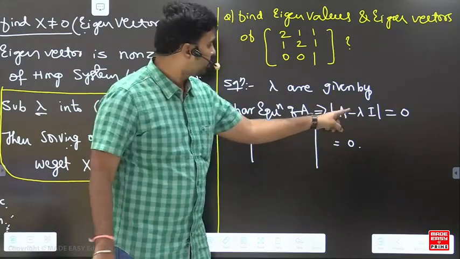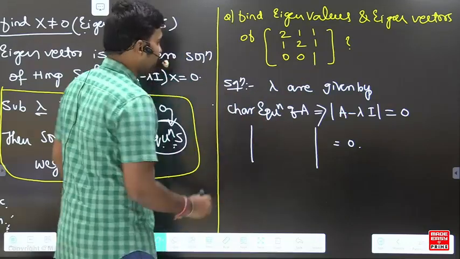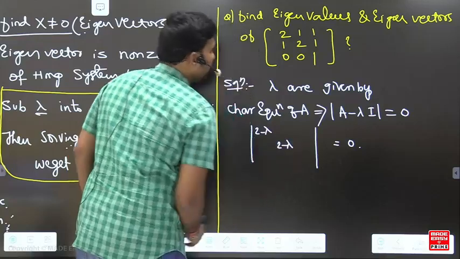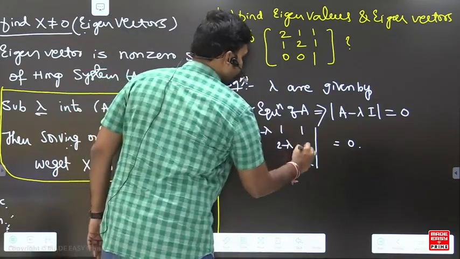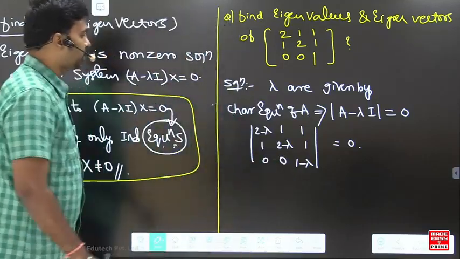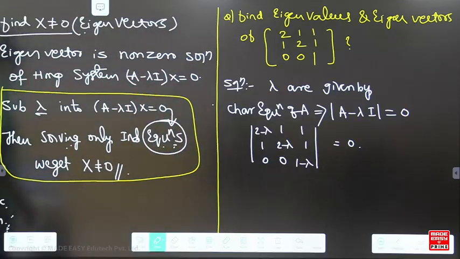It is very simple: subtract lambda from the diagonal elements and keep the other elements as they are. So we get 2 minus lambda, 1, 1; 1, 2 minus lambda, 1; 0, 0, 1 minus lambda, and the determinant is equal to 0 here.